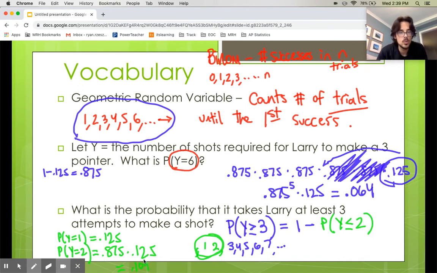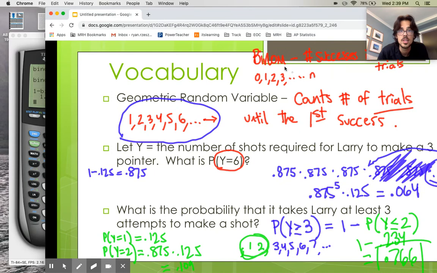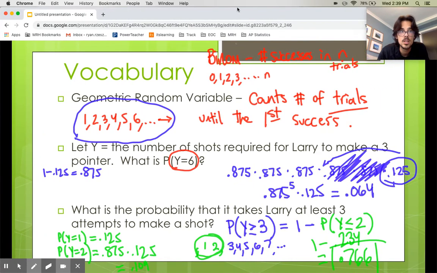So I just have to add those together. And it's good to use the full decimal when you add stuff like this in the calculator. And I do a 1 minus on that. So I get 1 minus 0.234-ish, which is 0.766. So there's a 76% chance that it takes him at least 3 shots to make one.